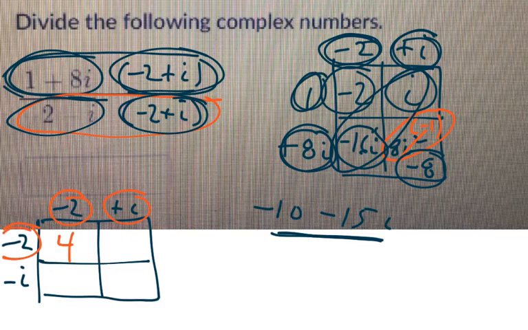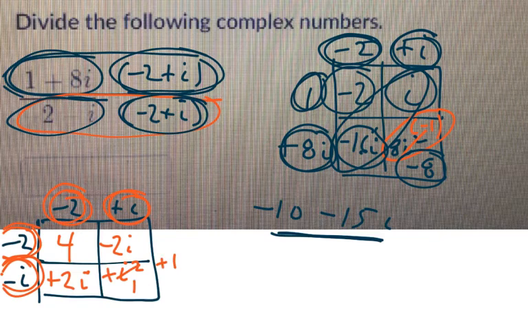Isn't i times -2 -2i? Isn't -2 times -i positive 2i? And i times -i is -i squared. Wait a minute, isn't i squared really a -1? And a negative with a negative makes positive 1.